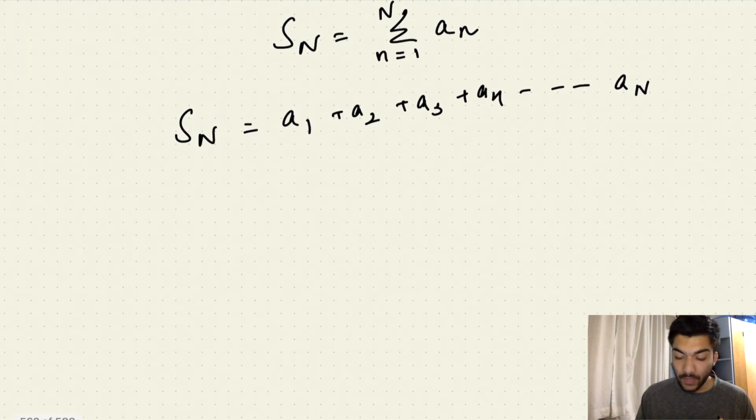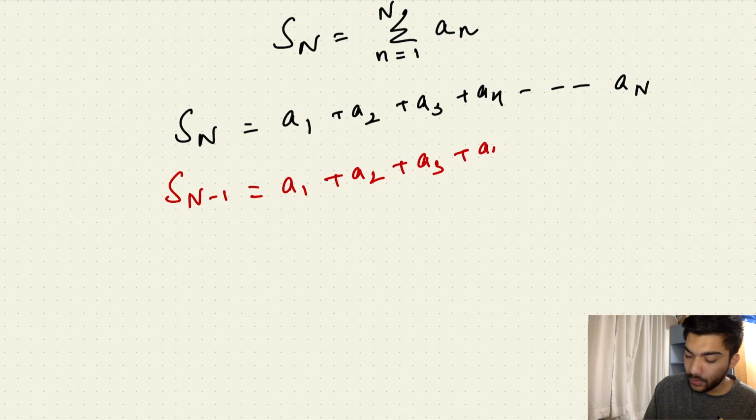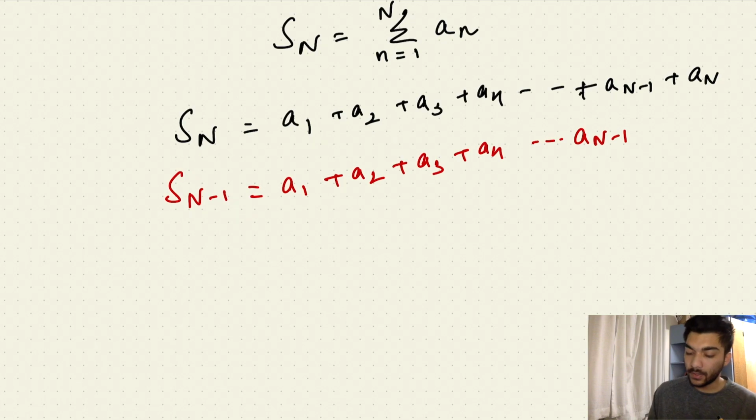And now we have to calculate a of n. So in order to do that, if we take s of n minus 1, we are basically adding a1, a2, a3, a4, and so on until a of n minus 1, right? And in this case, if we expand this as well, we are basically adding a of n minus 1 plus a of n in this case, right?